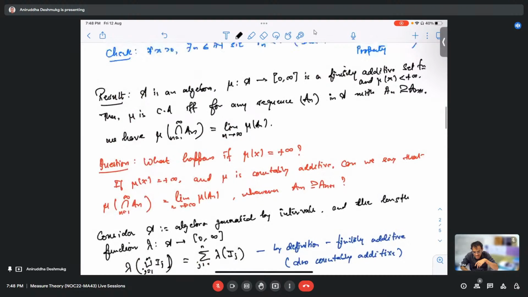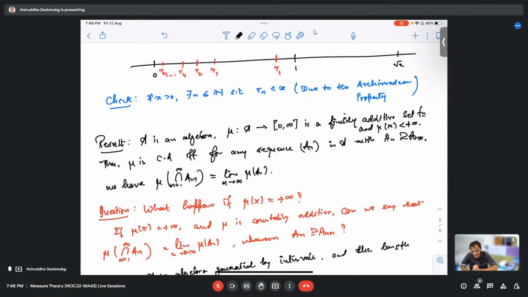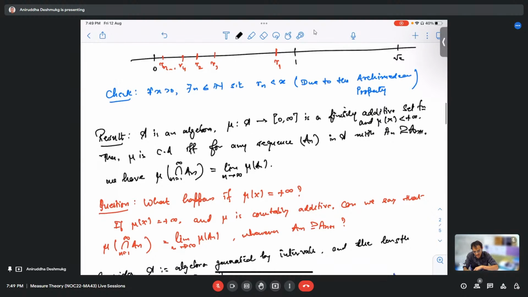The previous result said that whenever mu of X is finite, whether you say mu is countably additive or whether you say that mu has this particular property, those two things are the same, isn't it? Yes, sir. Then by this theorem, it is sufficient to prove that whenever we have a decreasing sequence, mu of the intersection of An is the limit of mu of An.